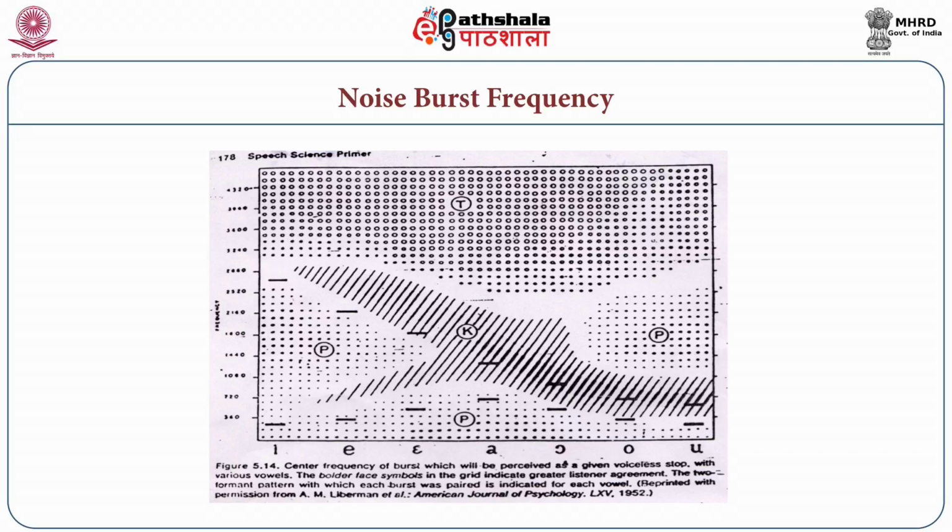So, if there is channel noise and you are talking on the phone and there is some noise, you can hear Pa as Ka or Po as Ko, because the noise burst may be placed somewhere in the vicinity of the formants, and it is too close. But as far as E and A are concerned, probably that kind of confusion may not exist.